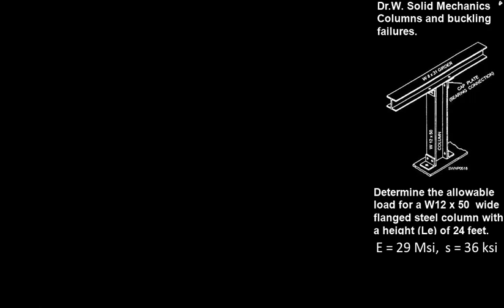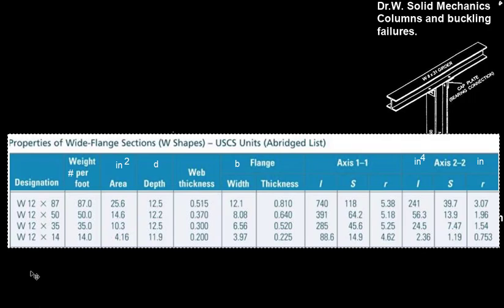Here we have a column made from a W12 by 50 structural steel I-beam. We're asked to determine the allowable load if it has an effective height of 24 feet. First, we can start by looking up the table values for a W12 by 50 I-beam, where the 12 designates its depth and the 50 represents its weight per foot, and we find it to be right here.